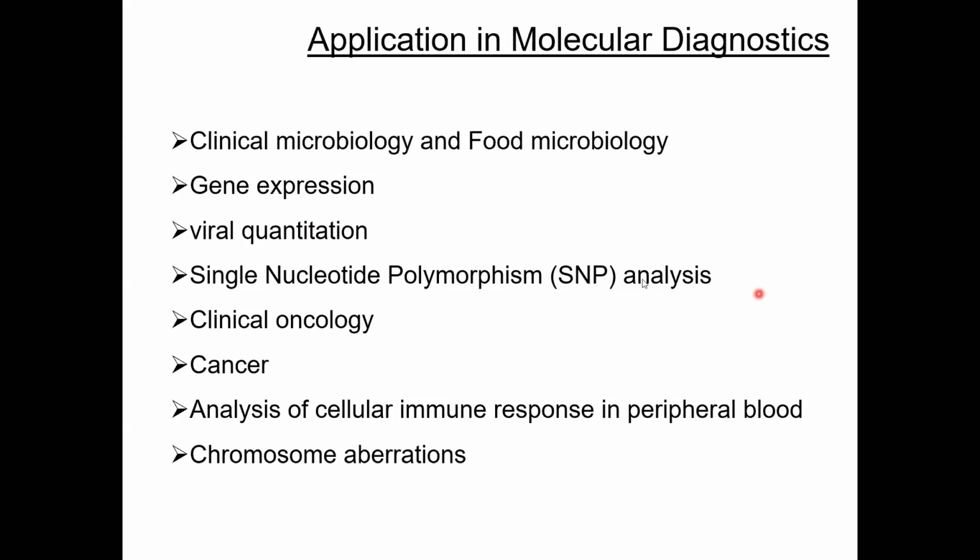You can also detect single nucleotide polymorphisms: simply use a PCR, amplify it, and then you see a change. Sometimes these single nucleotide polymorphisms can cause loss of function in some genes. If they are mutated at a single base, it can be highly lethal to the organism.